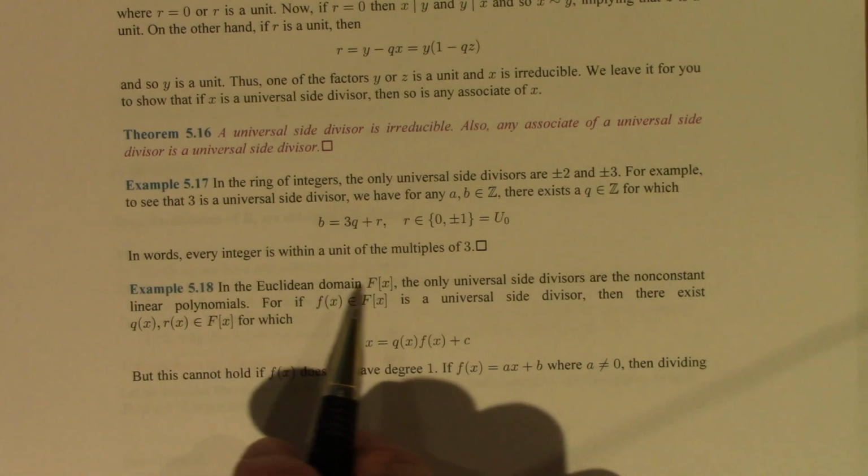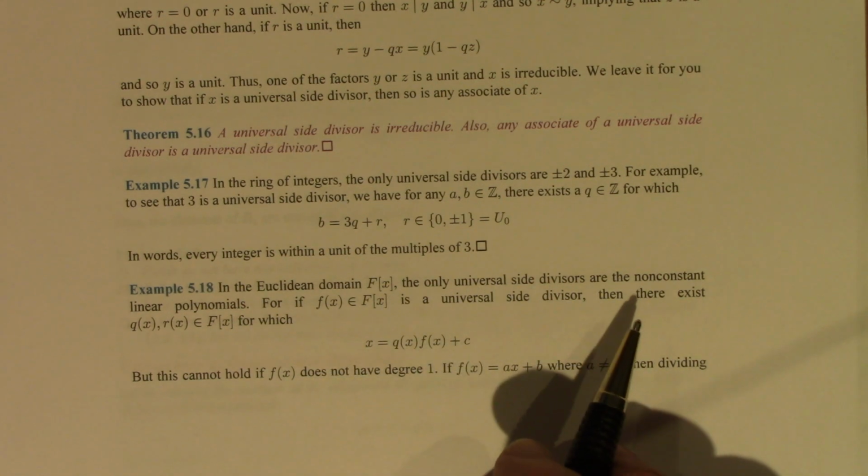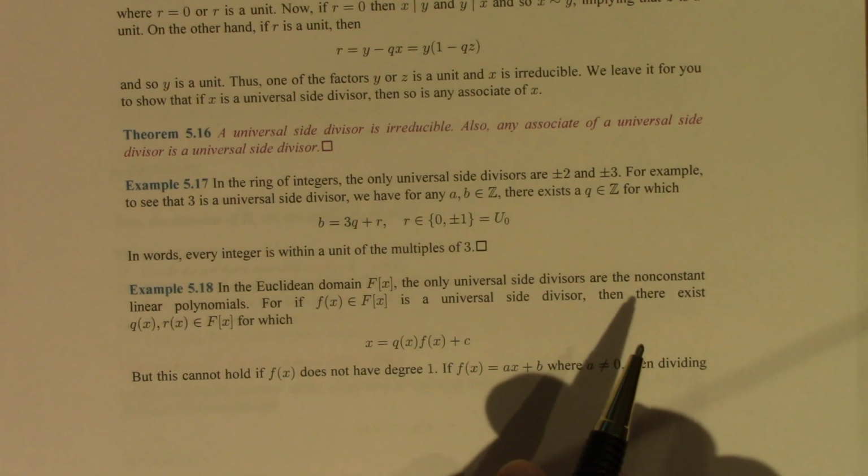Another example, in the Euclidean domain F[x], the polynomial ring, the only universal side divisors are the non-constant linear polynomials.